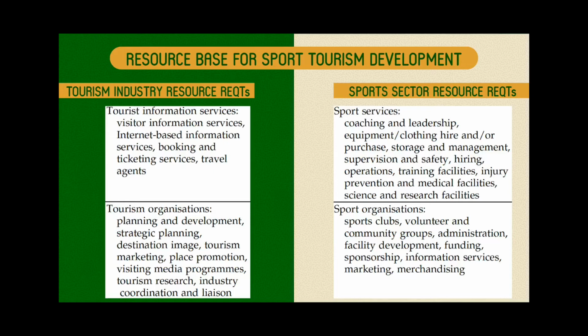Next, for tourism information services, what are the services needed? So we have the visitor information services, internet-based information services, booking, ticket service, travel agents, tour operators, etc., etc. And of course, different ang need naman ng sports sector. We have coaching, leadership, equipment, apparatus, storage and management, safety, training facilities, injury prevention and medical facilities, and science and research facilities.